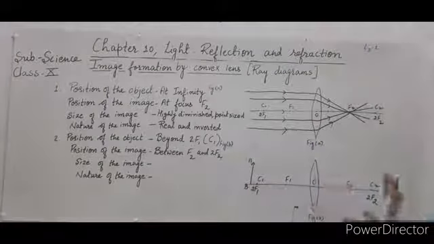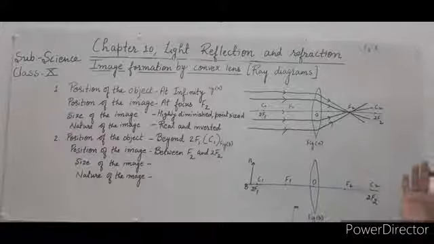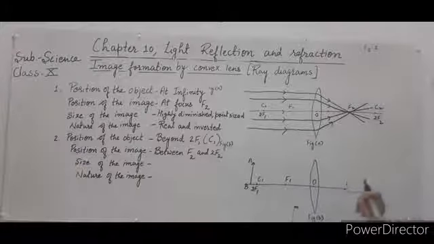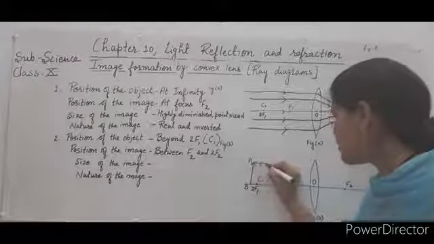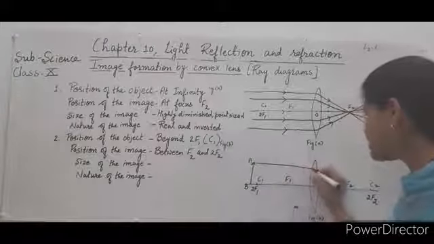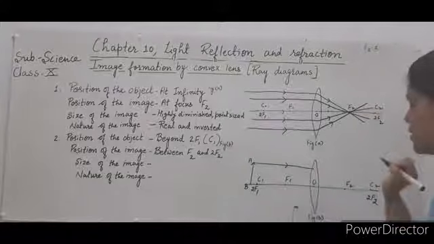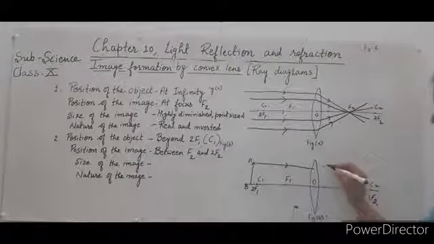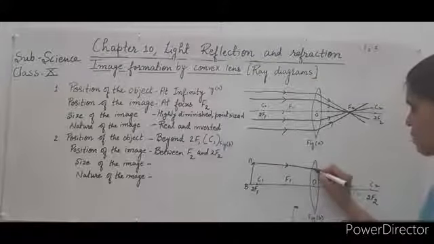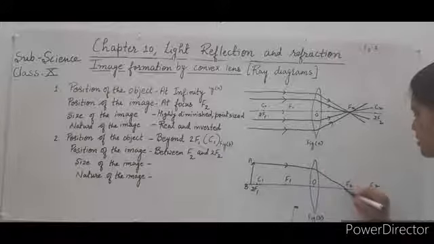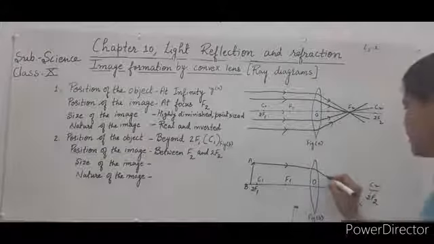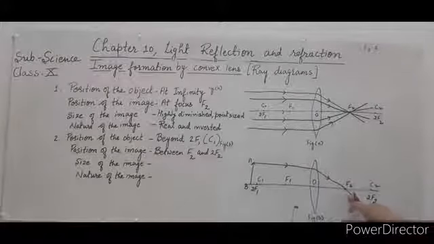where does the image formation take place? At least two refracted rays are required. So applying the rule, I am taking the first ray, which is parallel to the principal axis, incident on this convex lens. After refraction it will pass through the principal focus on the other side of the lens, so it passes through F2.